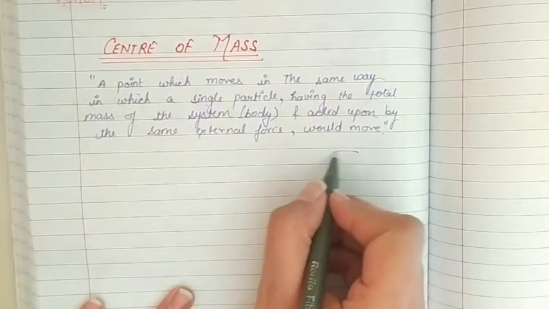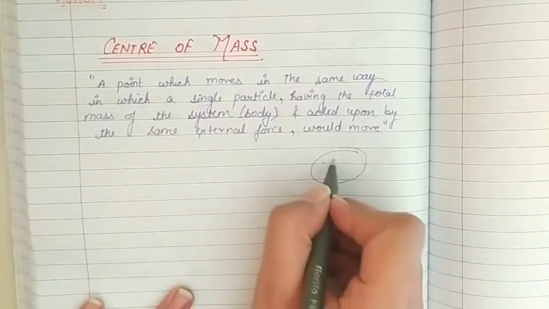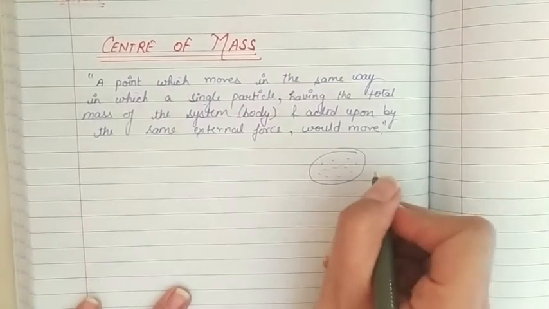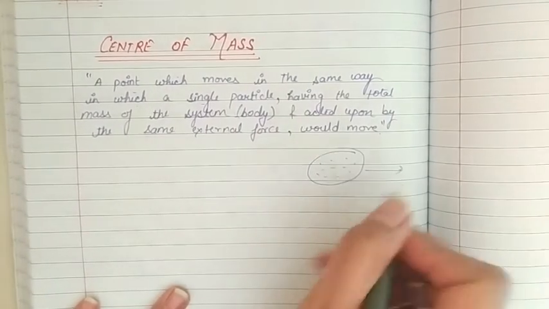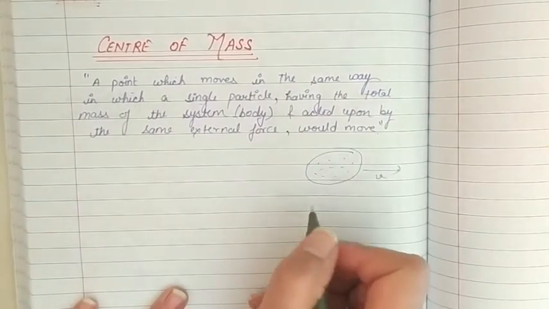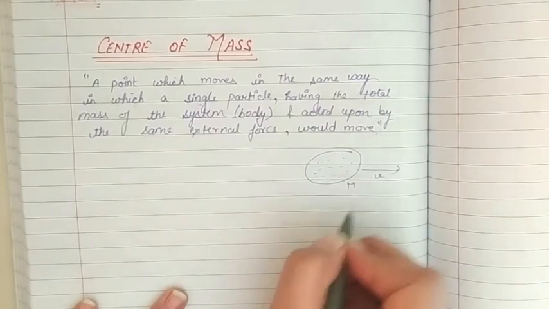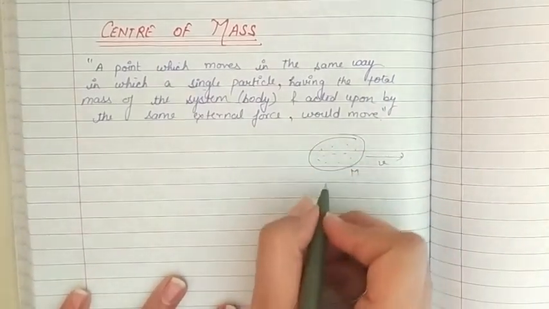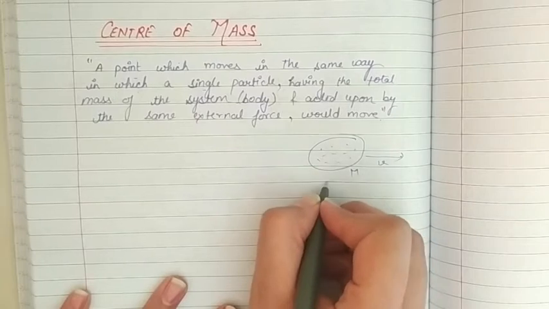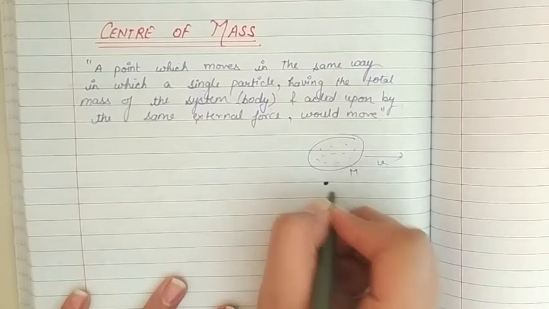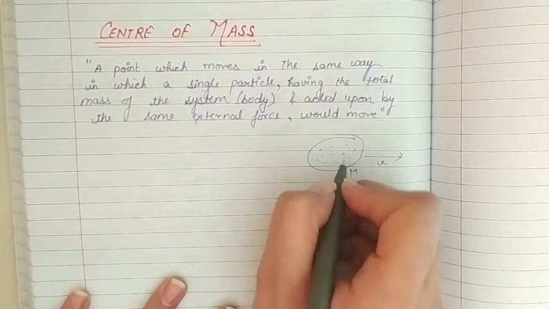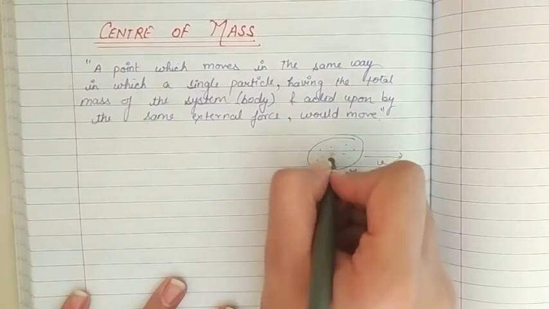Suppose we have a system of particles or a body like this, moving in this direction with some velocity v, and its mass is capital M. Now instead of this, we consider a point somewhere inside the body.